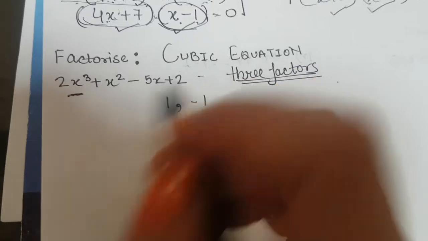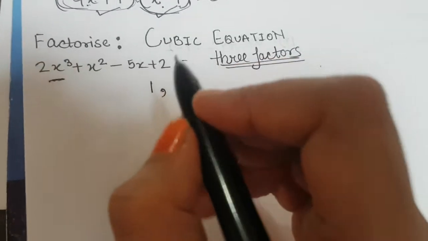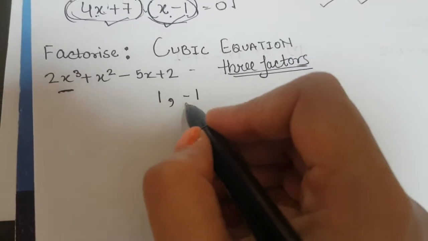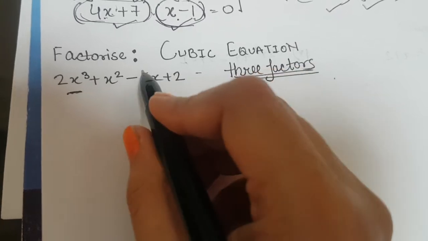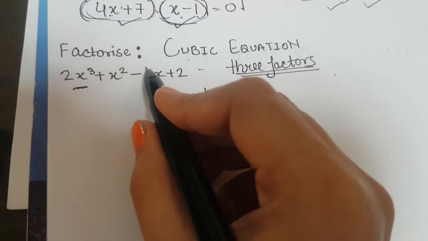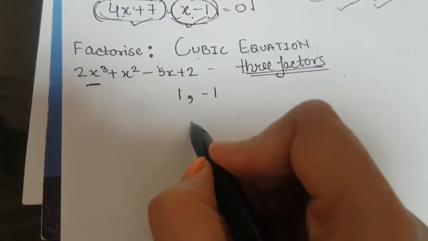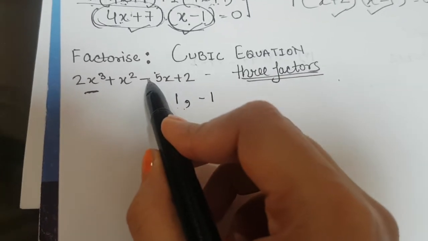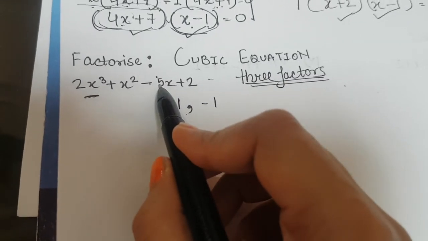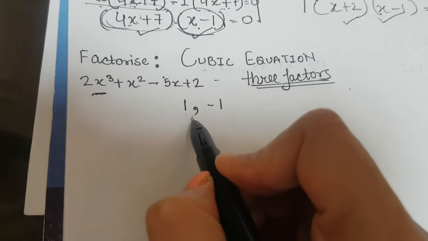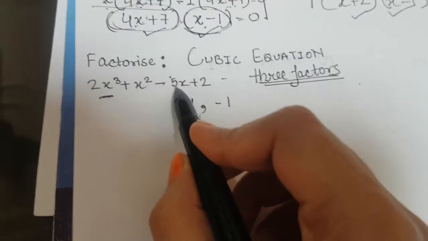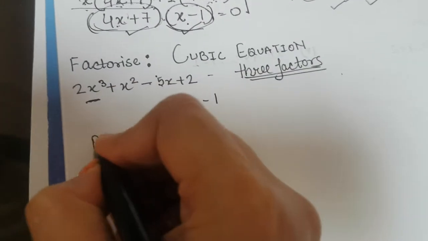And we have already studied how to check whether a given number is a factor of the given polynomial or not. How? Just put this value in this equation. If the remainder comes 0, then yes, this is a factor of this polynomial. So how to check? First we will take 1.